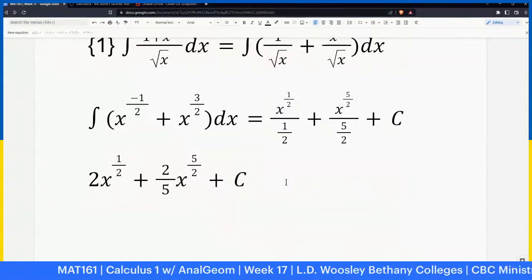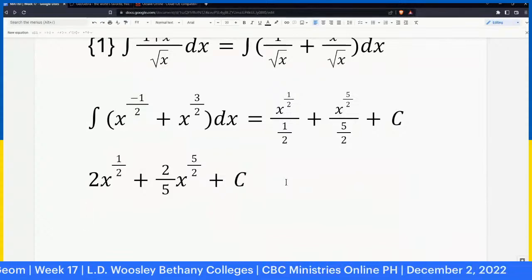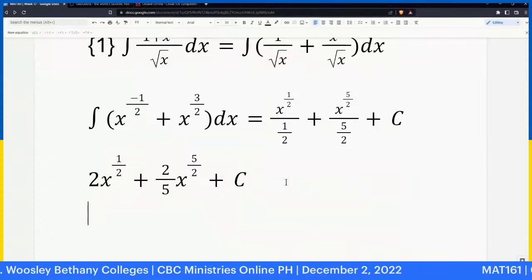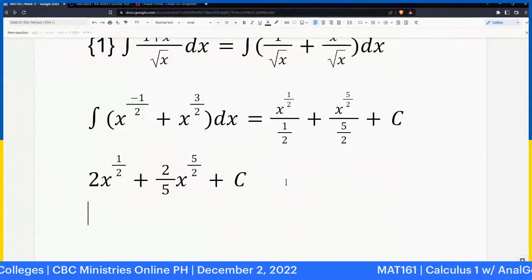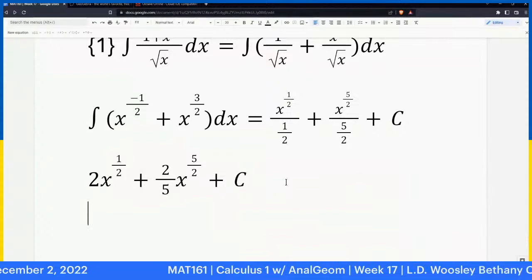O ito, binigay na tanong sa board. Here's the question. Madali lang, kayang-kaya niyo sagutin.